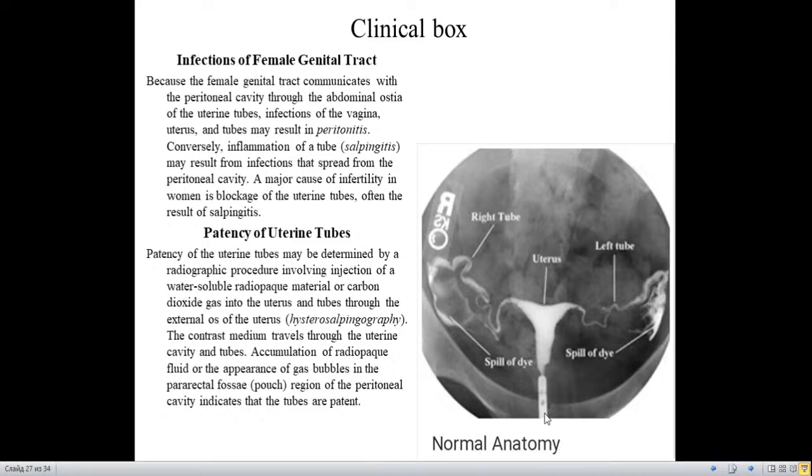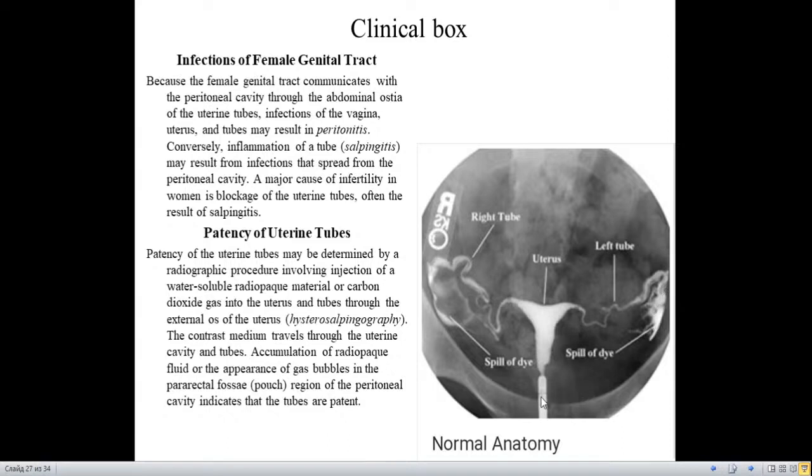Actually, a radiopaque substance is injected into the canalis cervicalis. You see, it fills the cavity of the uterus. Then it spreads via the uterine tube and it discharges into the peritoneal cavity, because the uterine tube normally has one opening facing towards the uterus, another one leading into the abdominal cavity.